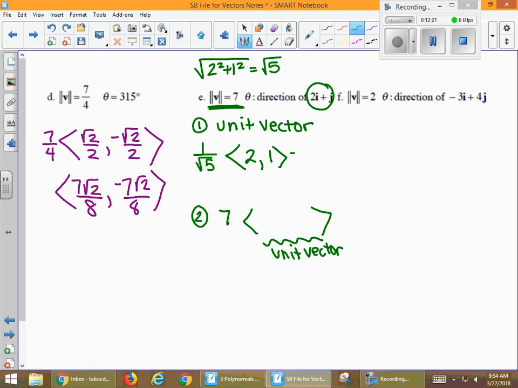So if you don't want to rationalize right now, that's fine. 2 over radical 5, 1 over radical 5. There's your unit vector. So we shrunk it down to 1 from a magnitude of square root of 5. And now we'll multiply it by 7. And you guys can multiply that and rationalize it.